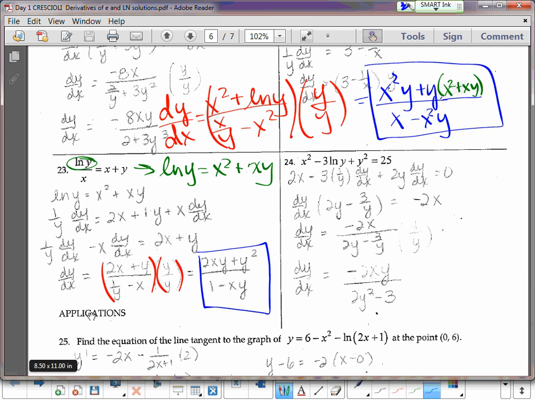So I'm going to multiply my y out. So I have x squared y plus x squared y plus xy squared over x minus x squared y. I have x squared y and x squared y, so that's equivalent to 2x squared y plus xy squared.